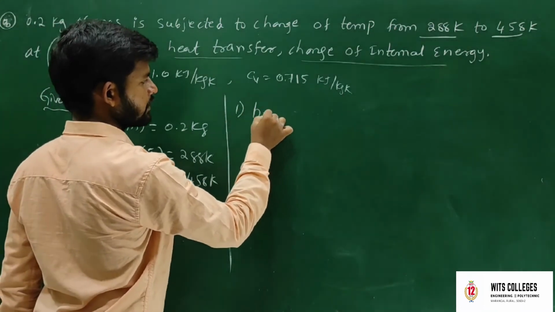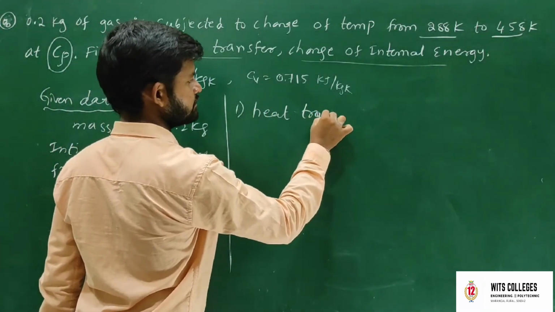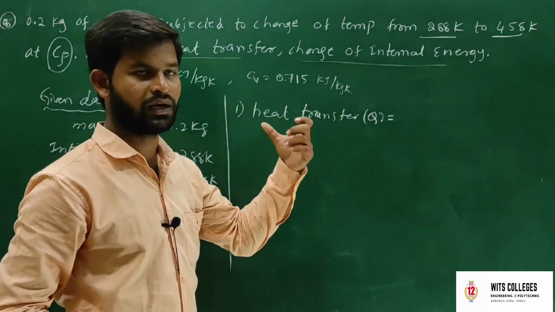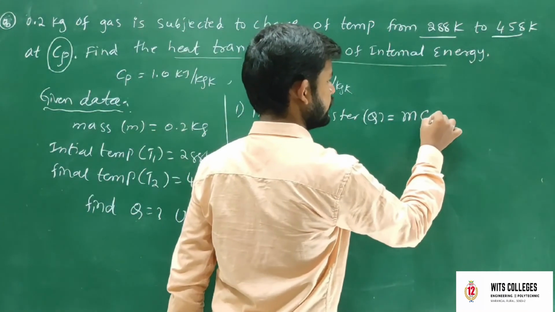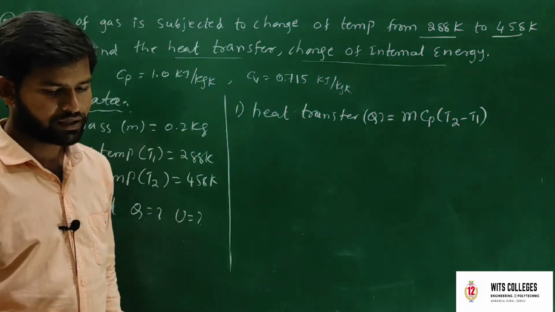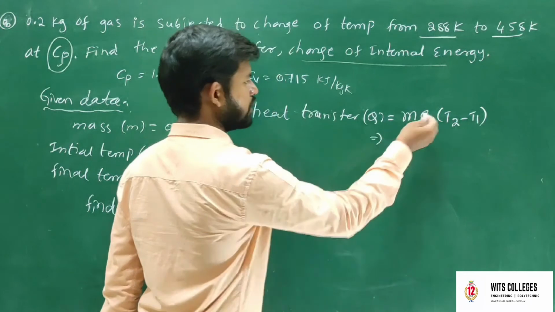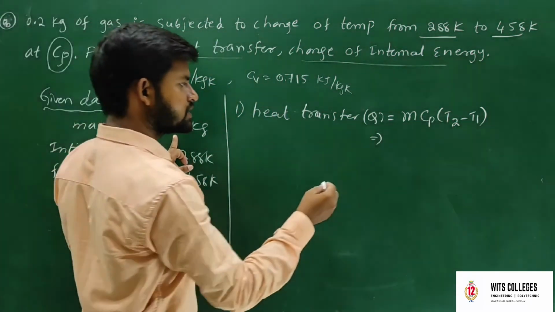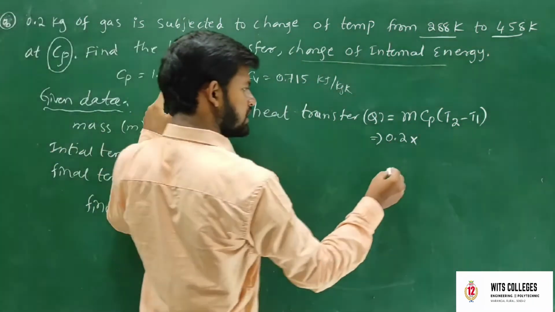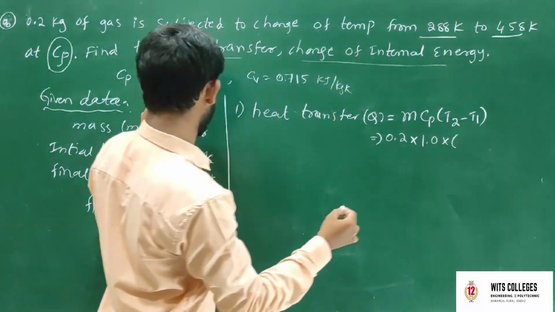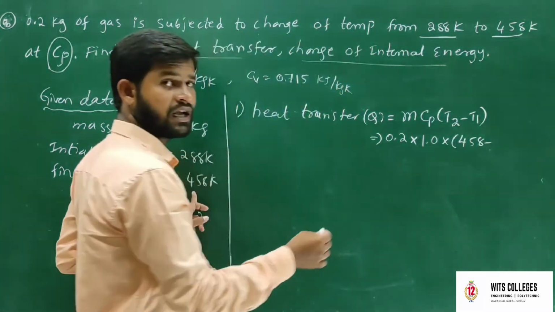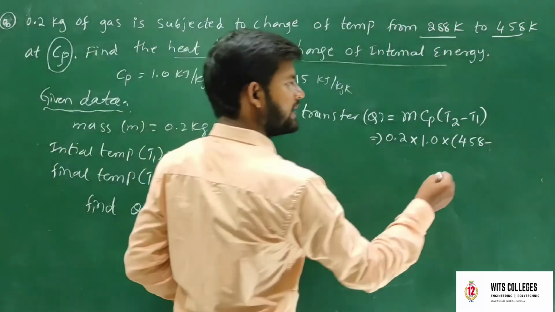First, heat transfer. Heat transfer Q equals, from the formula in earlier classes, m into Cp into T2 minus T1. Substitute all the values in this formula: m is 0.2 kg, Cp is 1.0, T2 is 458 minus T1 which is 288.